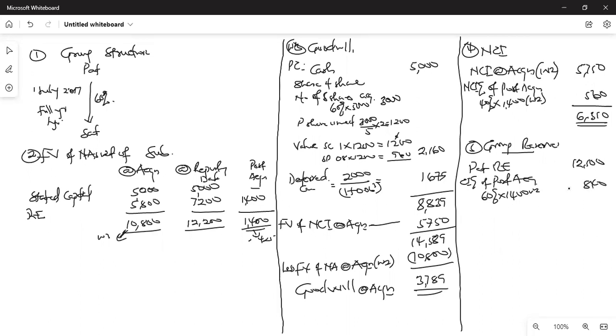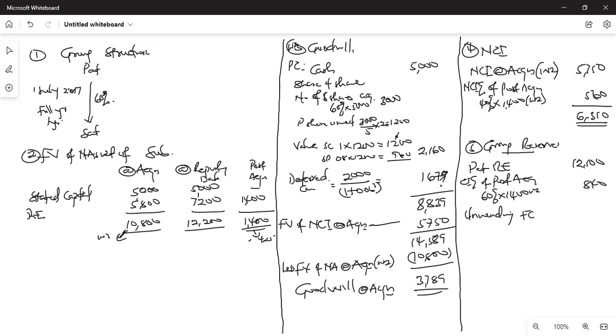All right. There is no PUP. We've not gone through that. There is no goodwill impairment, nothing. But don't forget, there was an unwinding. So we need to less unwind. One year's unwinding finance cost. When we calculated it, what was that?